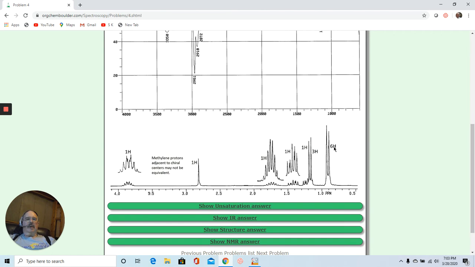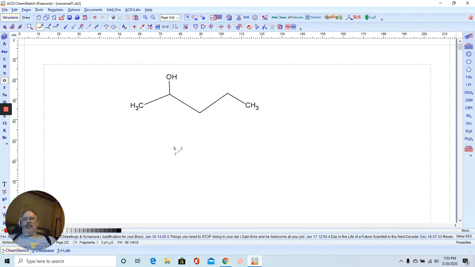That's probably 2 methyls, and that's at the far end. So we've got 1, 2, 3, 4, 5. Let's make that a methyl. So 1, 2, 3, 4, 5, 6.